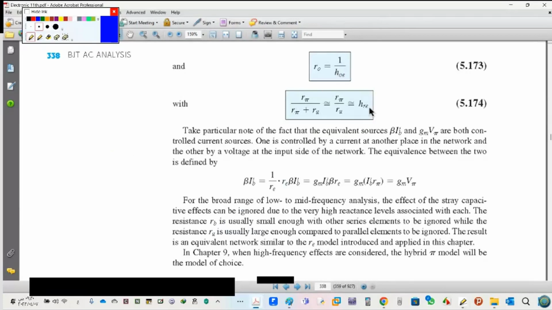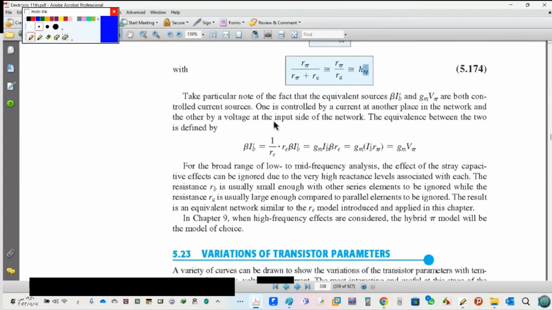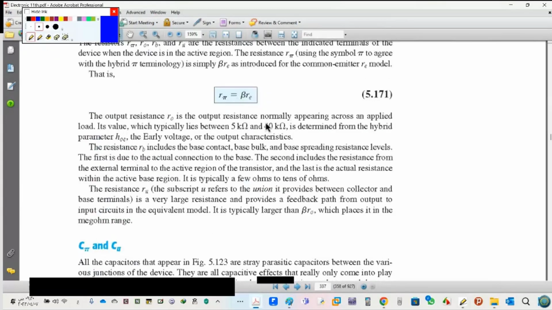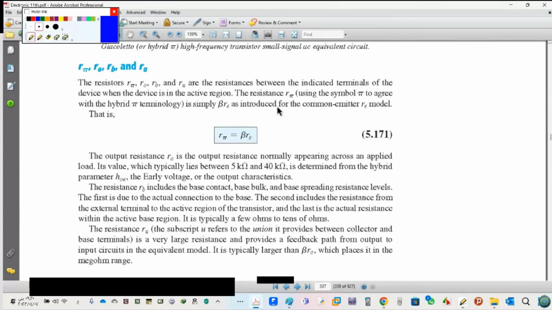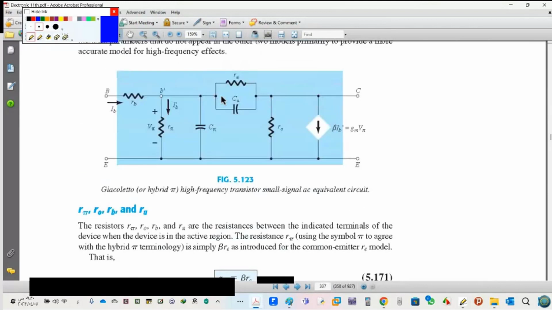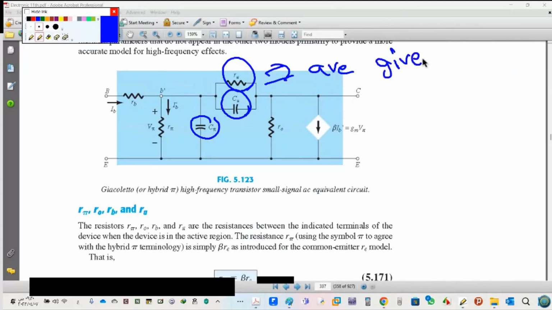And here you calculate hre, it's r pi over ro. I don't need this in the exam, but you have to know this frequency and where we can use this model. Usually these values are given from the catalog.